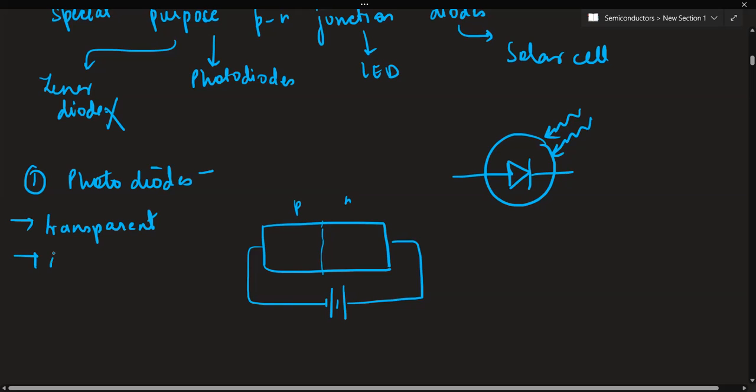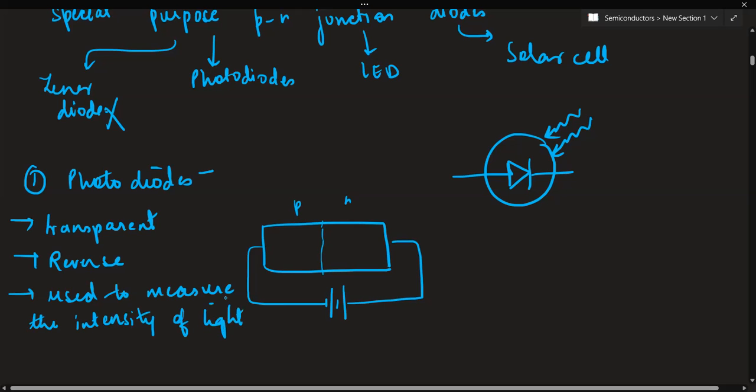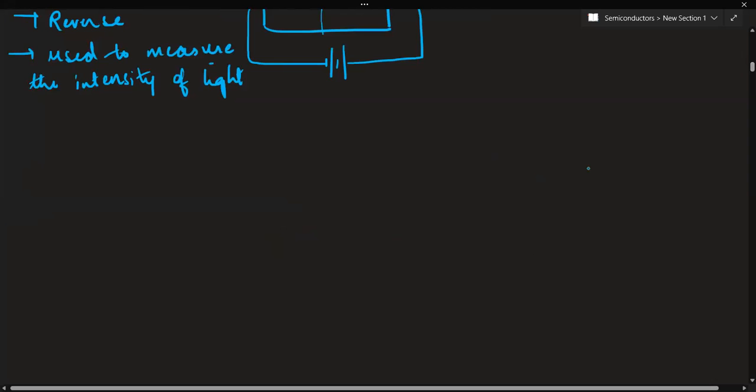And one more thing that is important is that it is reverse biased, and the major function of it is that it is used to measure the intensity of light. So this is a photodiode.